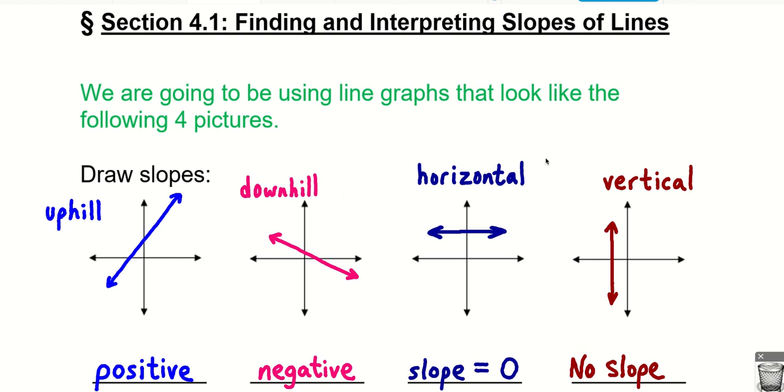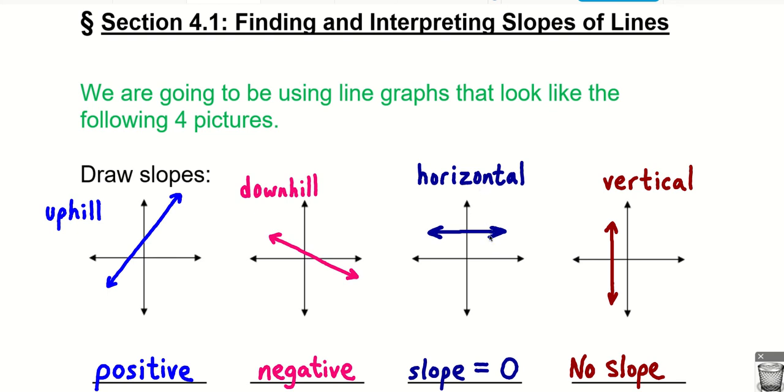Uphill, downhill, positive slope, negative slope, but what about horizontal and vertical? Let's talk for like a minute here about why the slope ends up equaling 0 and why vertical lines have no slope at all. Well, just think about it, right? At this point, I don't think you necessarily need me to explain it, but I will.